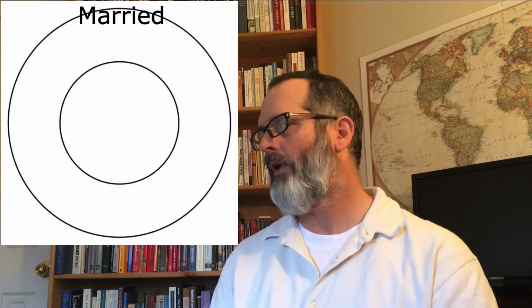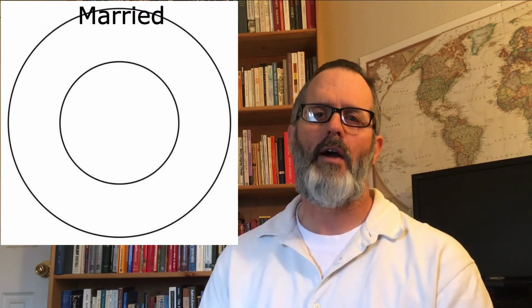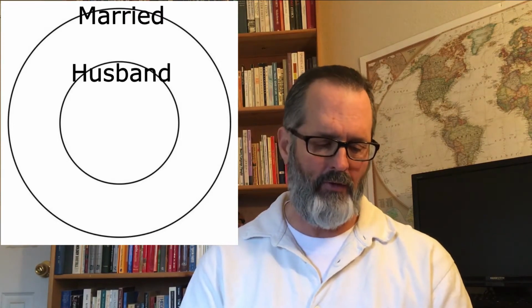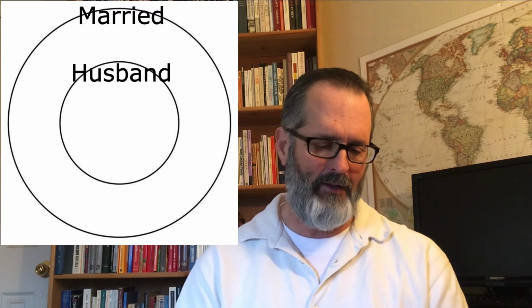So first we need a bubble for I am married. Here will be the bubble of married, and here will be the bubble for husband. Now notice how we draw this. It says, if I am a husband, then I am also in the set of being married. So husbands is the smaller bubble inside the bubble of married.